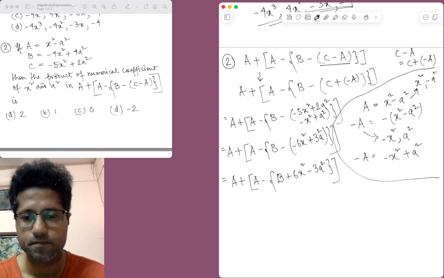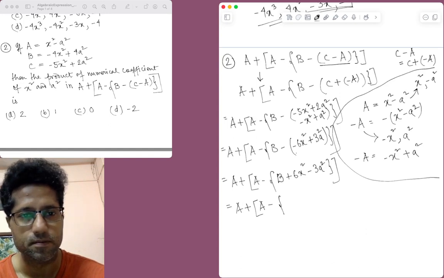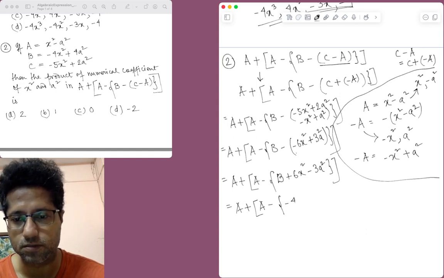Now we have to put the algebraic expression of b. What is b? b is minus 4x square plus 4a square, and we have this 6x square minus 3a square.